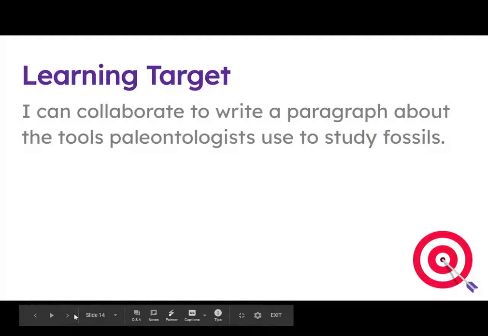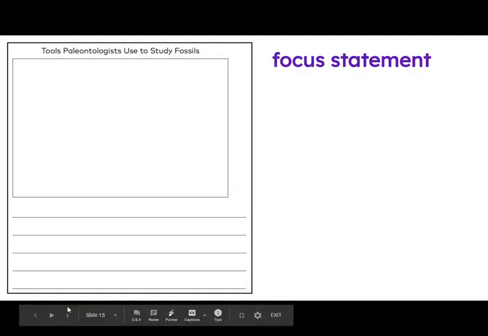So now what you are going to do is you're going to write a paragraph about the tools paleontologists use to study fossils. Now, you are going to have to write a focus statement. Yesterday, the focus statement was already done for you, and you can use the exact same focus statement.